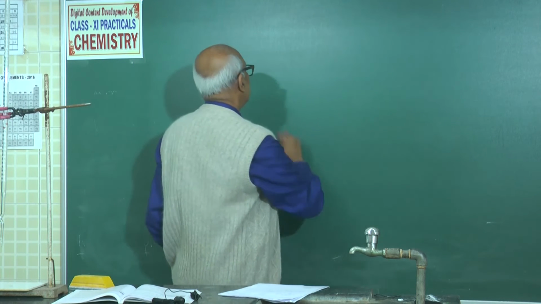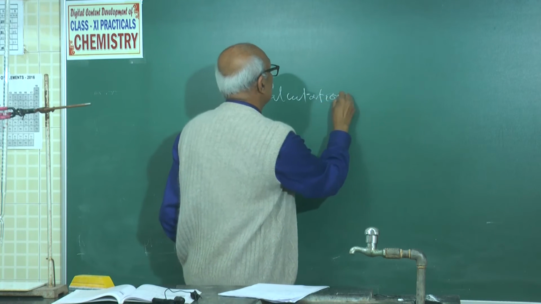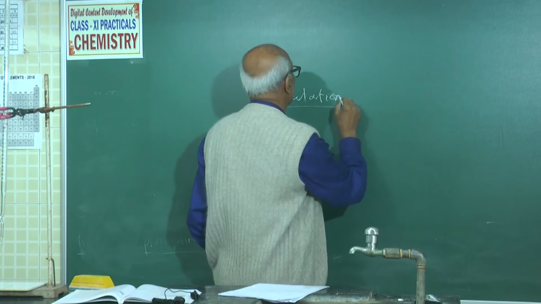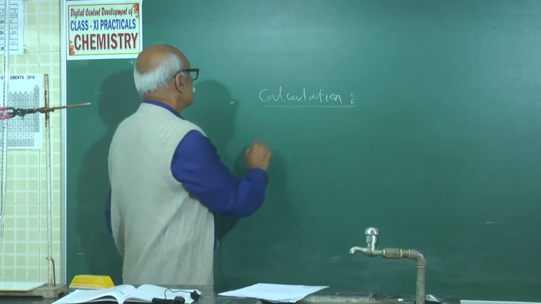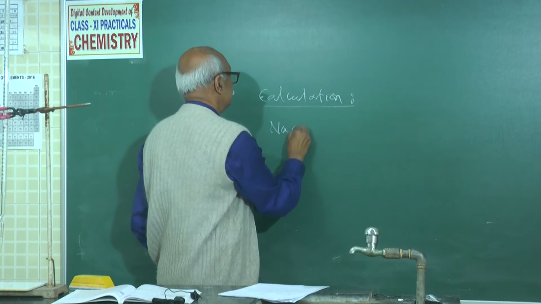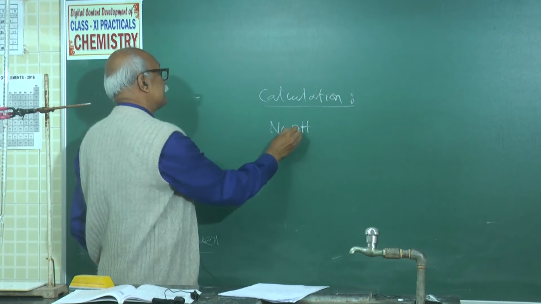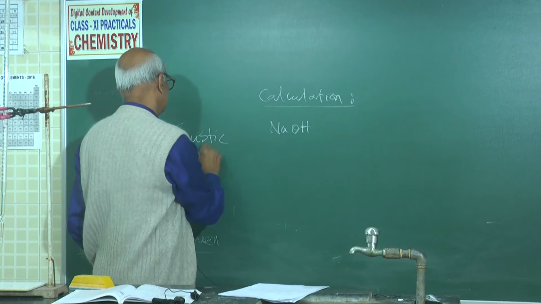Then on this basis calculation, how the law of equivalents comes into play in chemistry is a very interesting observation. Suppose sodium hydroxide, which is caustic soda, this titration is called caustic titration.